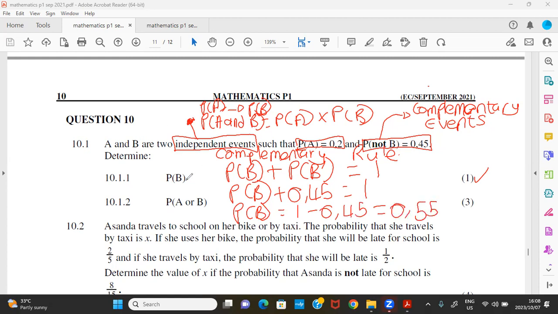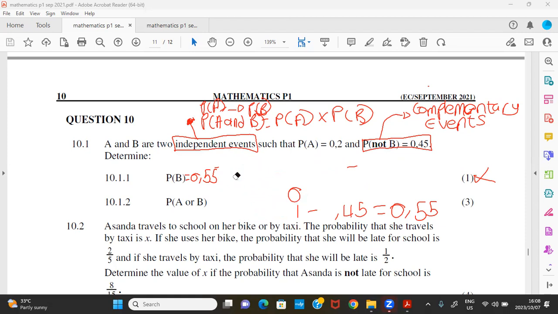So therefore the probability of B is 0.55. It's just that 1 mark. Yeah, I hope that was clear enough for you guys. So let us just jump into the second one.